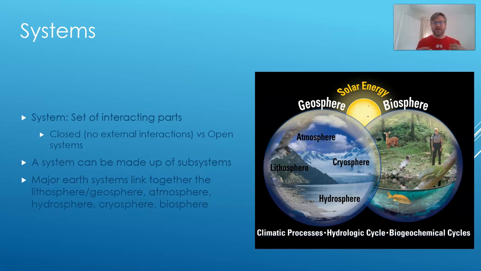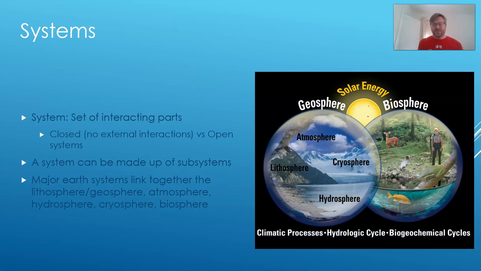We often talk about the Earth as being made up of different spheres. The picture there gives you a look at some of these spheres. We have the lithosphere, or sometimes called the geosphere. That's the solid portion of our Earth, like the rock. Then we have the atmosphere, this envelope of air, of gases that surround our planet.